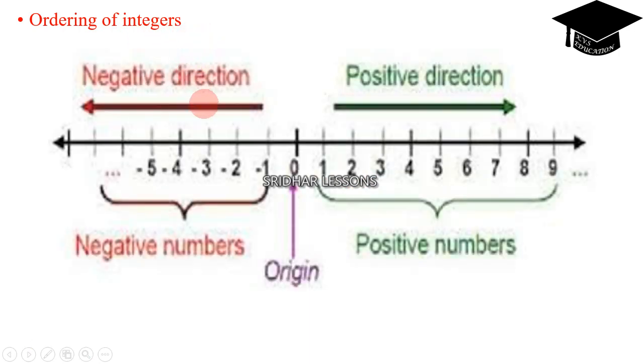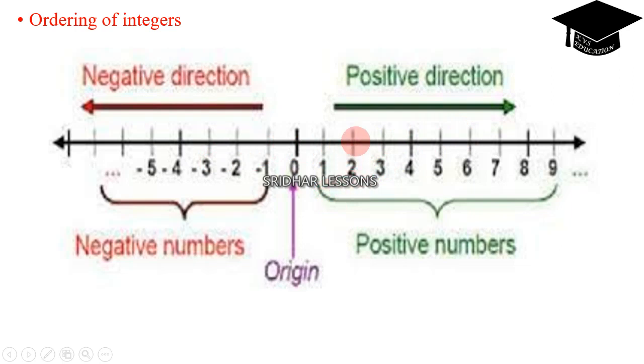Ordering of integers. How we are going to order? We know 0 is the origin in the middle of the number line. Moving the numbers or integers to the left side of 0 is called the negative direction, and to the right side we have the positive direction.